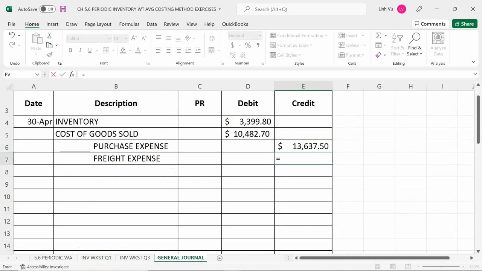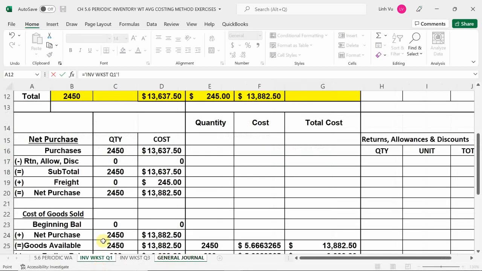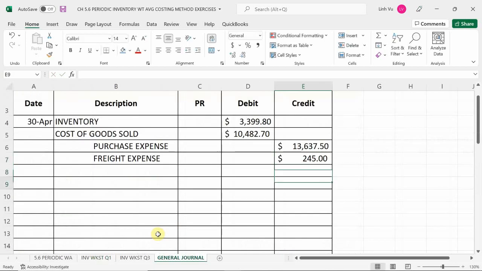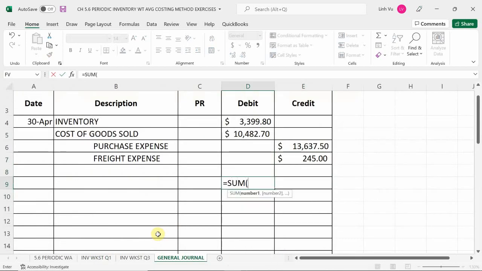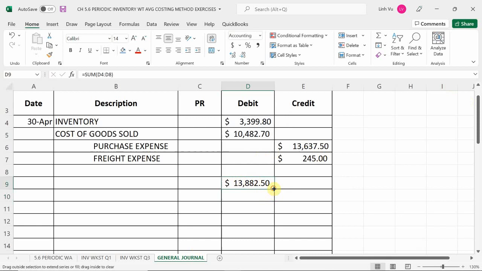Good. And then last but not least, what was the total value of my freight? It was that $245. And then of course, rule of thumb here is to ensure I didn't make any typos here. I got 13,882.50 on the left. And of course, I got 13,882.50 on the right.